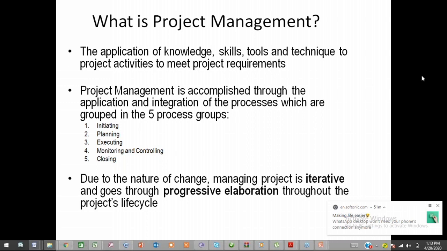Project management is accomplished through the application and integration of... So project management is the application of knowledge and the application of skills and tools required to meet project requirements.